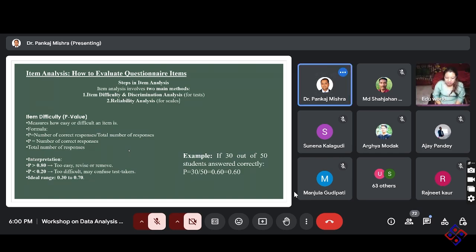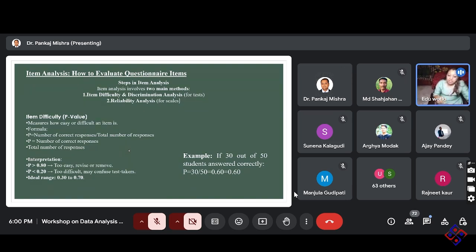Clear? People who are coming from an education background, I have seen many of us conducting studies on achievement tests. For an achievement test, we have to frame a questionnaire related with item difficulty, and then analyze the items with the help of item difficulty, that is, how many of them have answered correctly, because you are asking questions related with your subject.